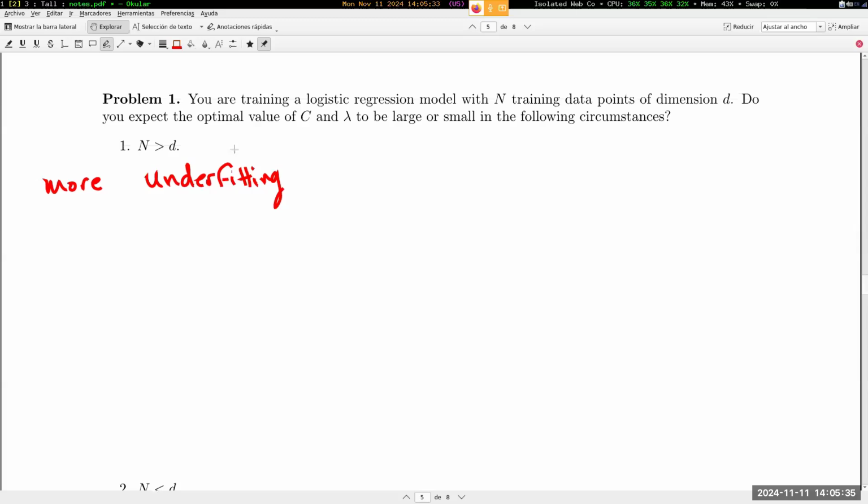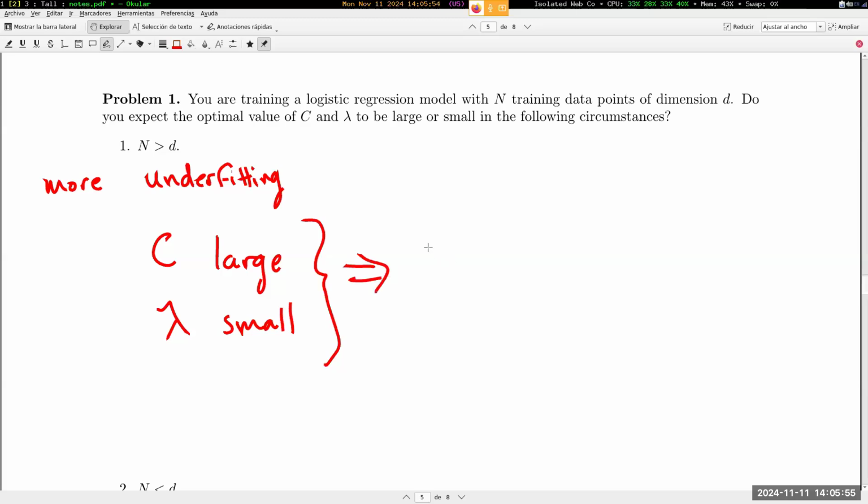If we have all of these data points, we expect we don't need a lot of regularization in our problem. So our C value will be large, or equivalently lambda small. Either of these implies little regularization.